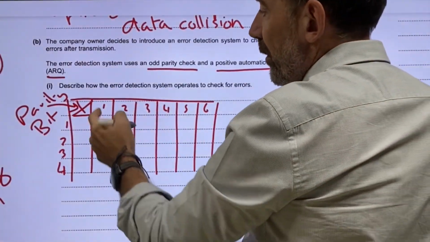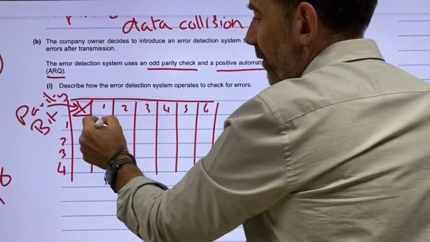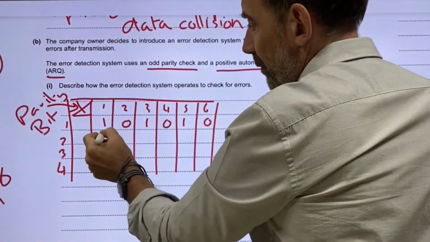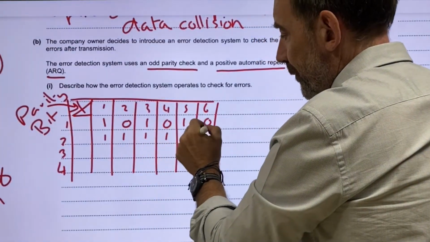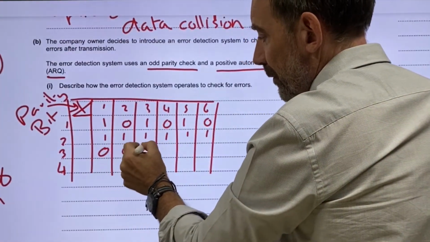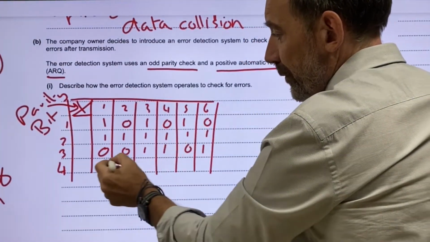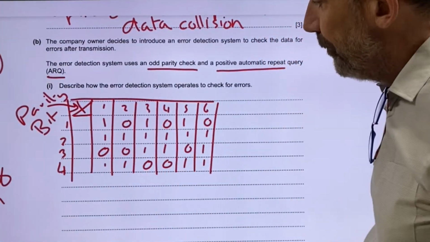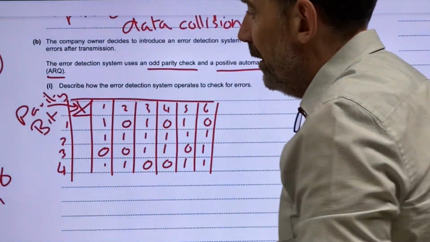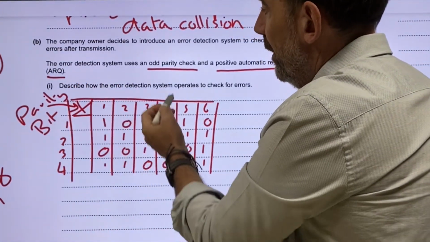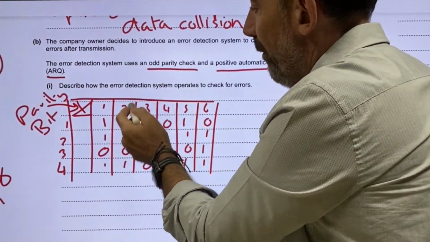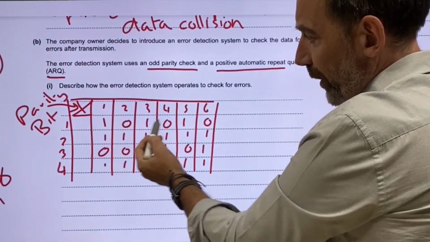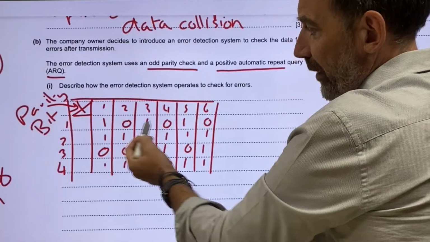Now, because it's set to odd parity, if I put some numbers in here, my parity bit, yeah, it's checking for odd parity. So if we look down here, we've got 1, 1, 1. So we've got 3 ones in this first row.